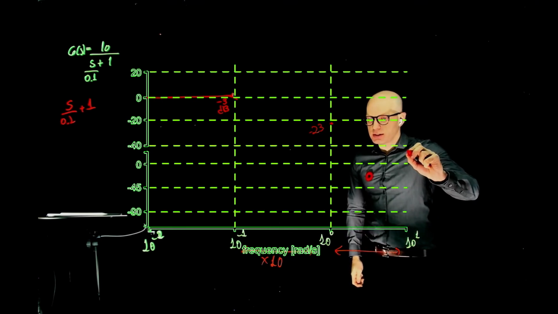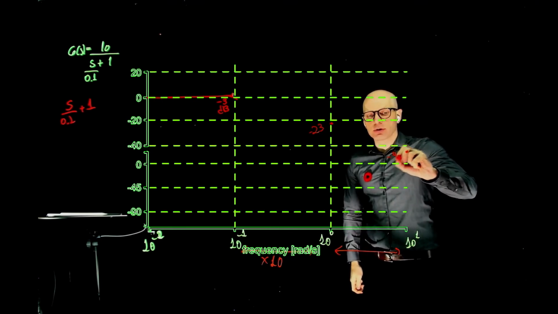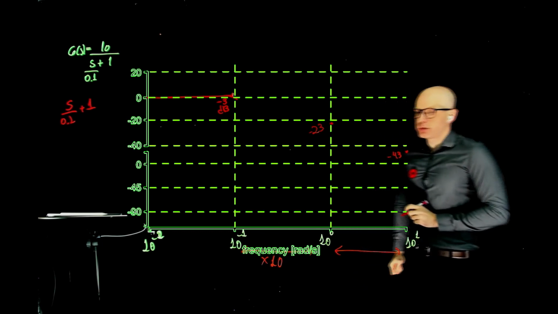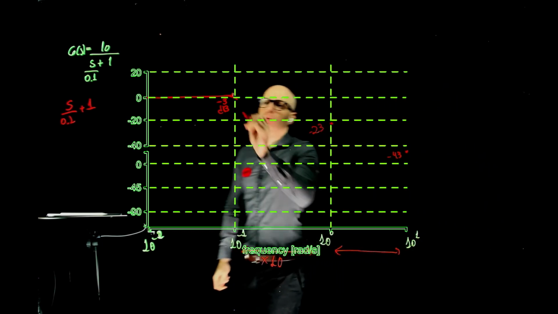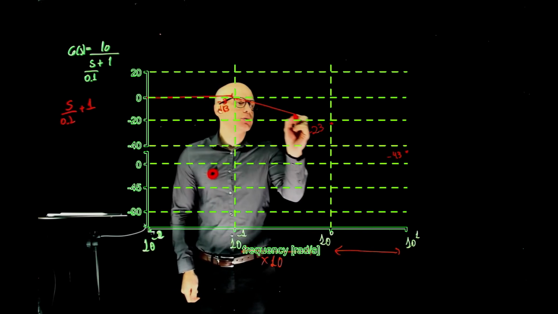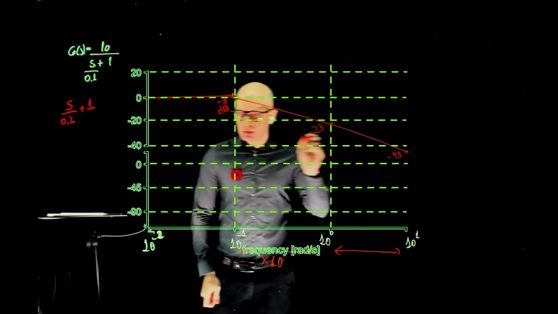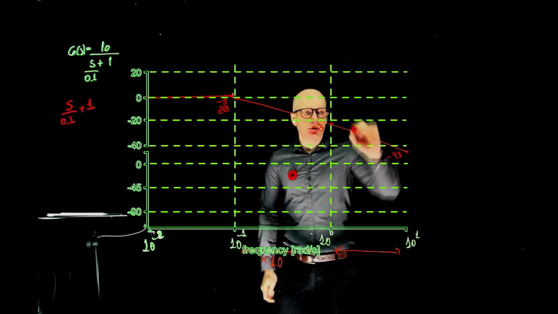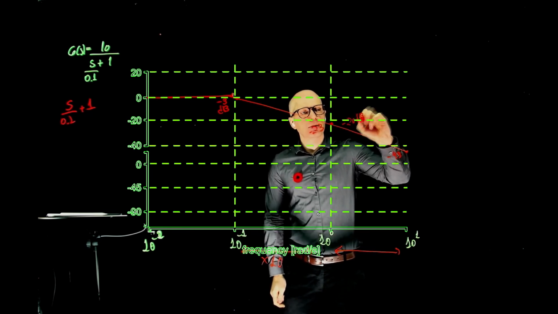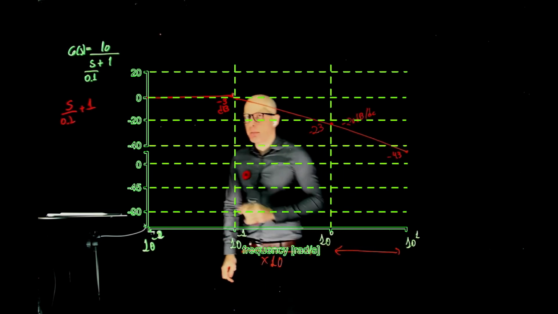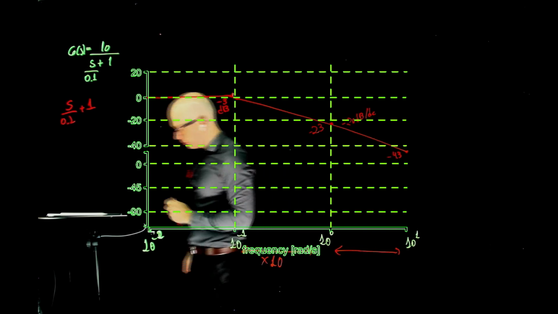This here is negative 43. So a slope of negative 20 decibels per frequency decade past the cutoff frequency.